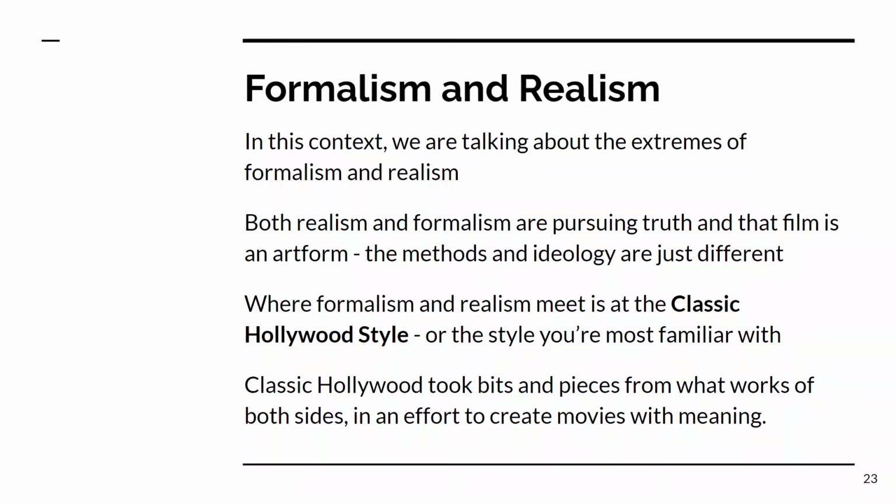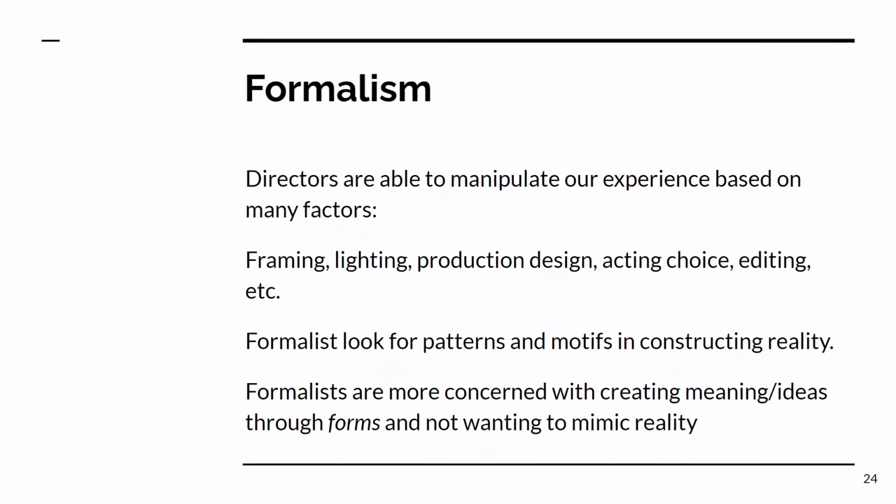But it also took things that said, hey, this style of editing or this framing, this composition, this lighting, whatever, bring it all together. And that's kind of where the classic Hollywood style is. And that's what we're all sort of familiar with. So they're not necessarily opposed. A little bit of a recipe, a little bit of realism, a little bit of formalism, and then you form meaning.